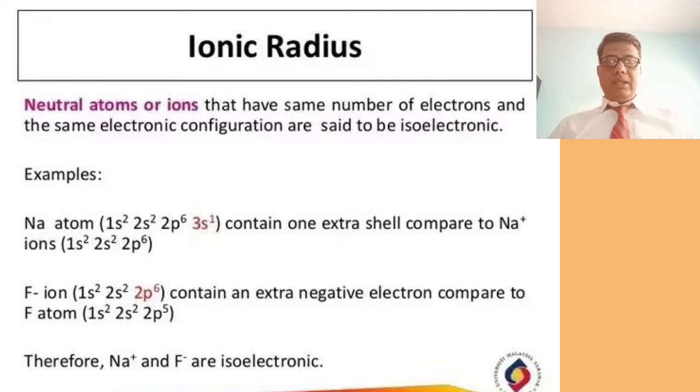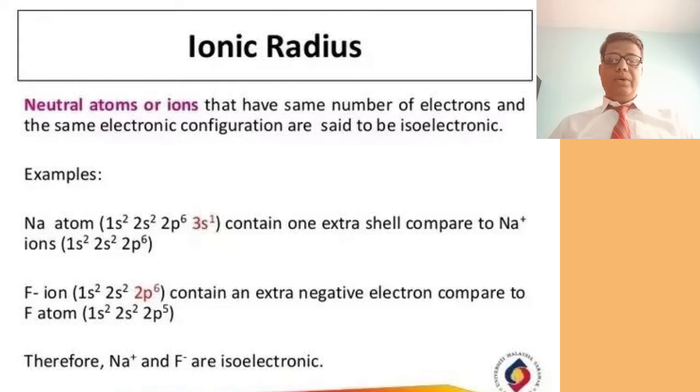F has atomic number 9 and it gains 1 electron, so the total number of electrons becomes 10. And what about Na plus? It is obtained by loss of an electron. Sodium has atomic number 11.